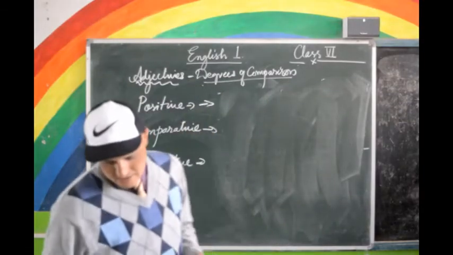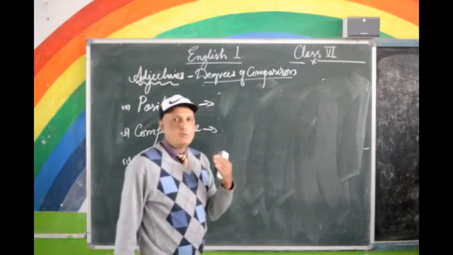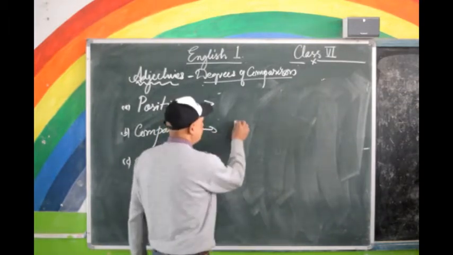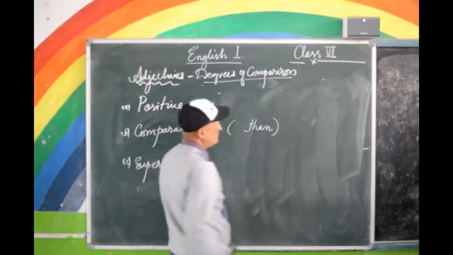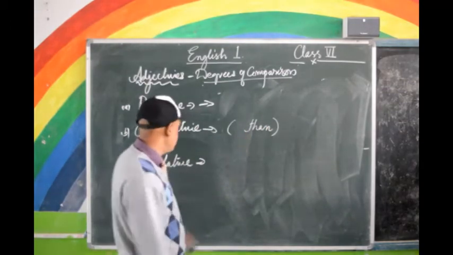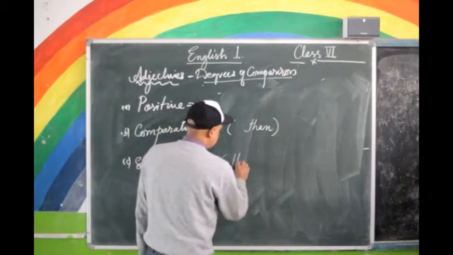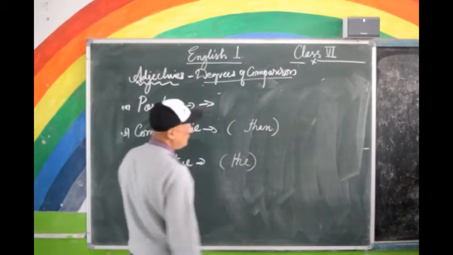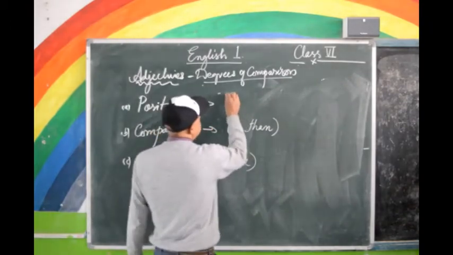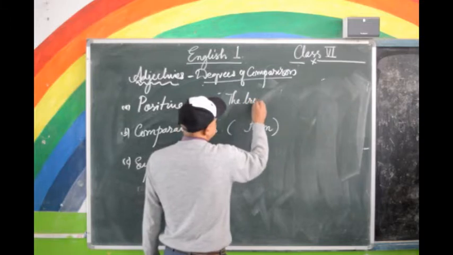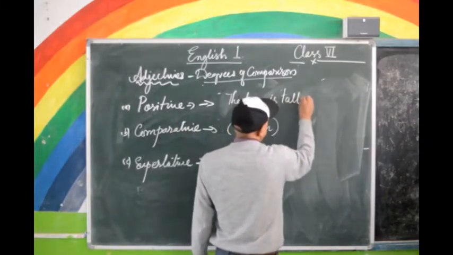When we are writing in the comparative degree, we always make use of that. And in the superlative degree, we make use of the. To give an example, the tree is tall.